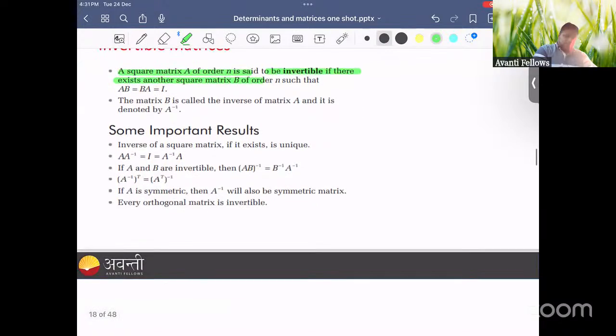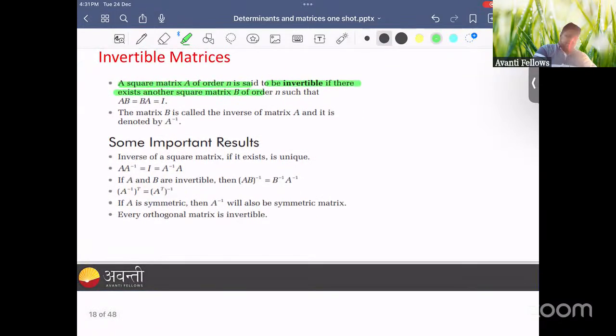Now, basic properties about the inverse: inverse of a matrix is unique if it exists. A into A inverse is A inverse into A is I. If A and B are invertible, then (AB) inverse is B inverse A inverse. This is what we call reversal law of inverse.